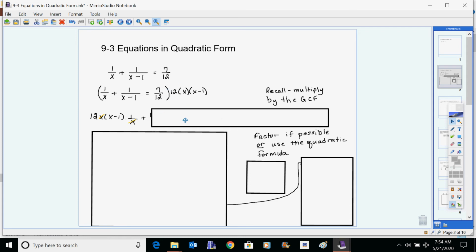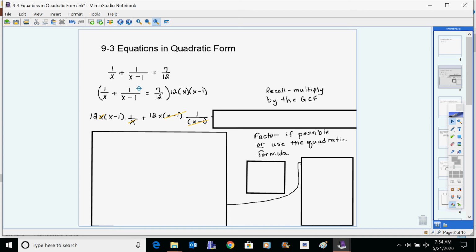When this whole thing is distributed to the 1 over x minus 1, the x minus 1's are going to cancel. And when this whole thing gets distributed to the 7/12ths, the 12's are going to cancel. What makes that useful is you no longer have fractions to deal with.